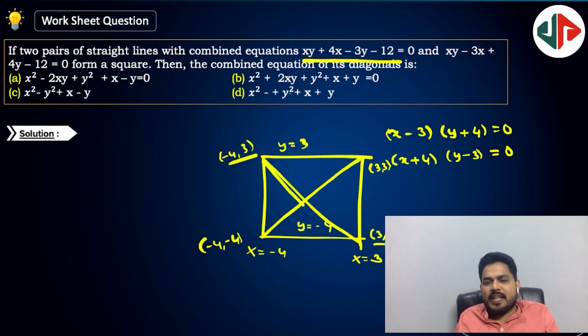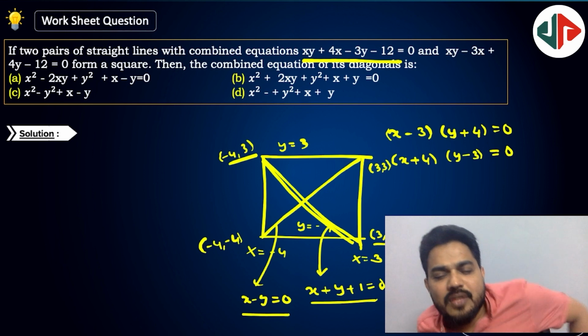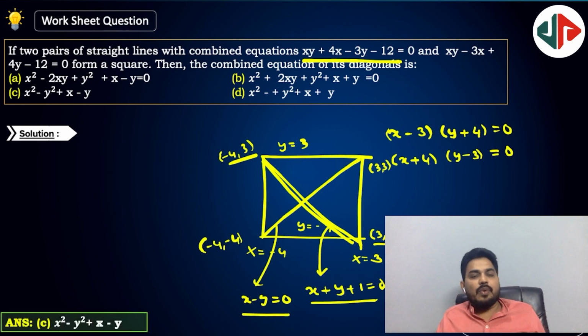This line is clearly x plus y plus 1 equal to 0. And what about this line? This line is x minus y equal to 0. So the combined equation is (x minus y)(x plus y plus 1) equal to 0. So the answer is x square minus y square plus x minus y equal to 0.